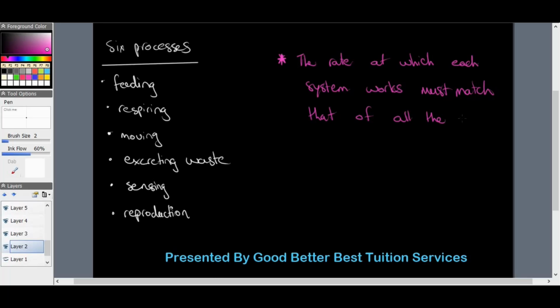In other words, your organ system is like a sports team, a football team, a rugby team, whatever team sport. They must all work together.